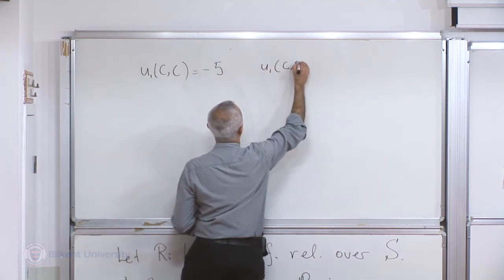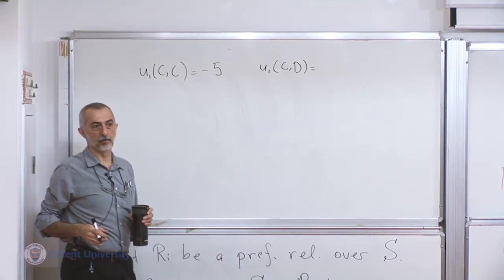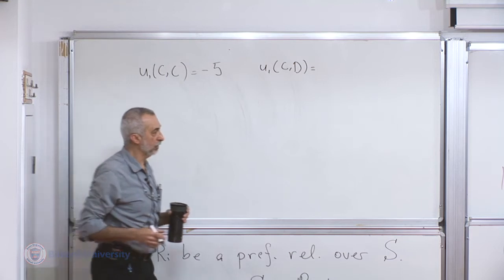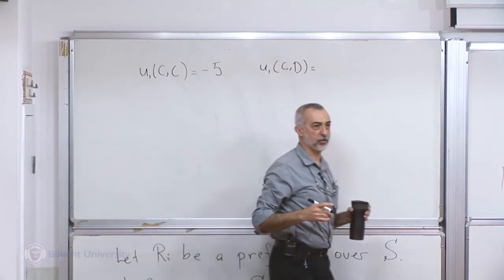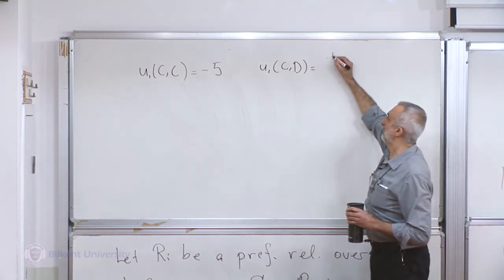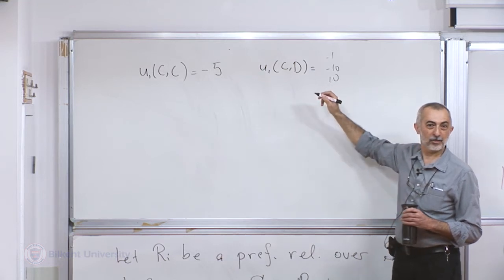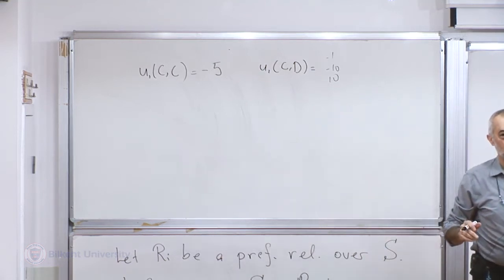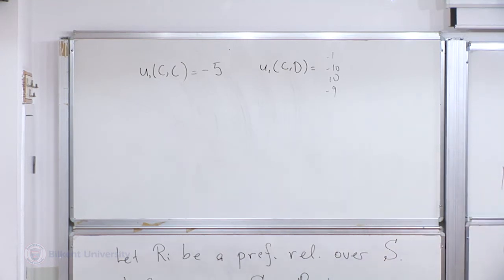What would you assign to CD? So there are 2 options, minus 1 and minus 10? Plus 10? What else? Minus 9? Well, what is the key?